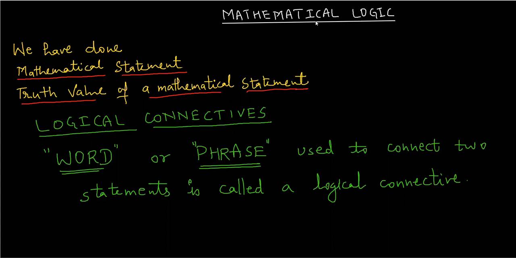If you go simply by the words, you will understand. This comes from the topic mathematical logic. So something which is pertaining to the idea of logic, mathematical logic, logical, and then connective, something which is going to connect. So what is a logical connective?